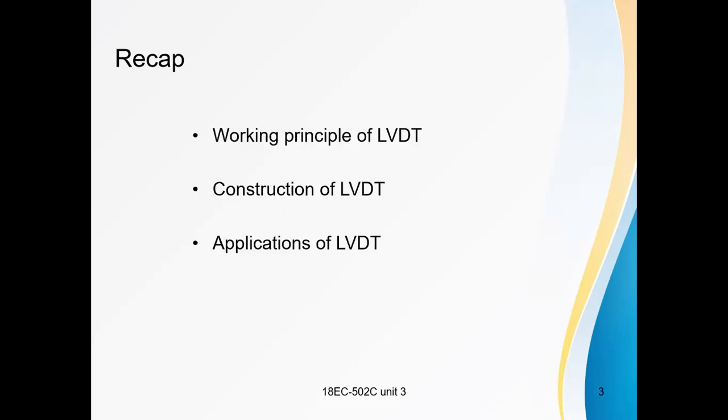Now, if the displacement core moves towards the left side, the EMF induced in secondary coil 1 is more compared to secondary coil 2, so the total EMF is a positive value. If the displacement core moves towards the right side, the EMF induced in secondary coil 2 is more compared to secondary coil 1.